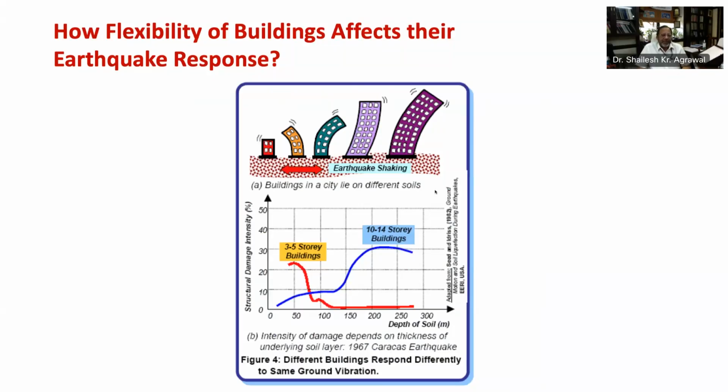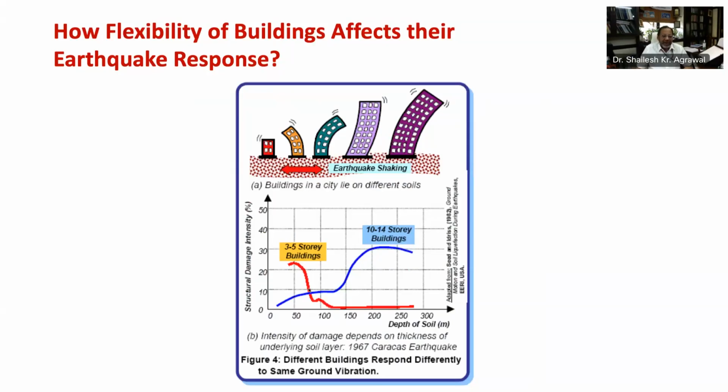Let me supplement this by an example of 1967 Caracas earthquake in South America. The response of building was found to depend upon the thickness of soil underneath the buildings. This is shown in figure 4B, which shows that for buildings up to 3 to 5 story tall, the damage intensity was higher in areas where underlying soil cover was around 40 to 60 meter thick, but was minimal in areas with large thickness of soil cover.